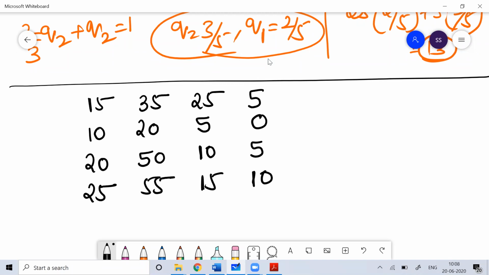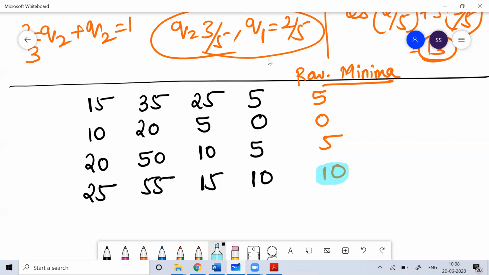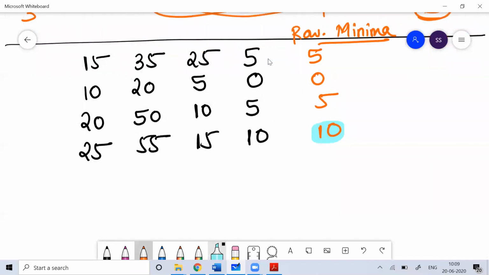Okay, I know it won't be a pure strategy, but simply I'm finding the row minima. The row minima are 5, 0, 5, 10. What is the largest of that? 10.